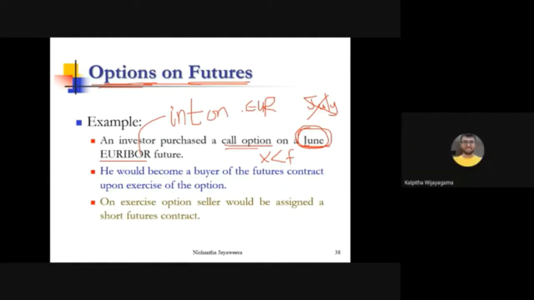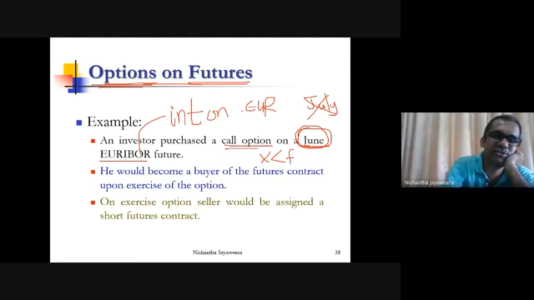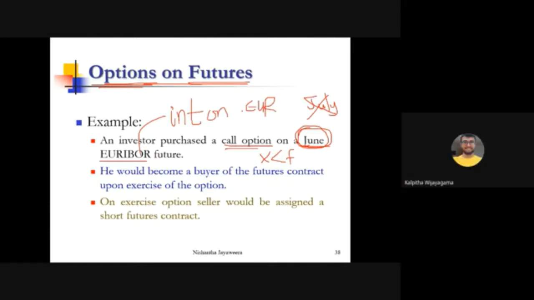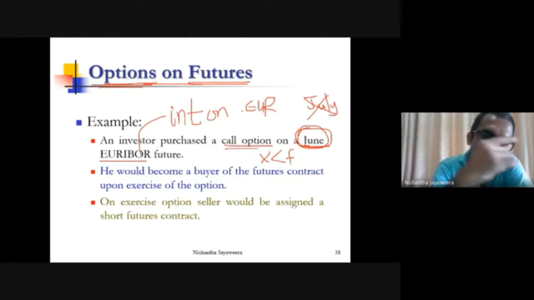But when you purchase this option, you can exercise this even at a loss. So what do you mean by at a loss? I'm just saying that from the exposure perspective, you get the exposure to the futures, but only to the upside.